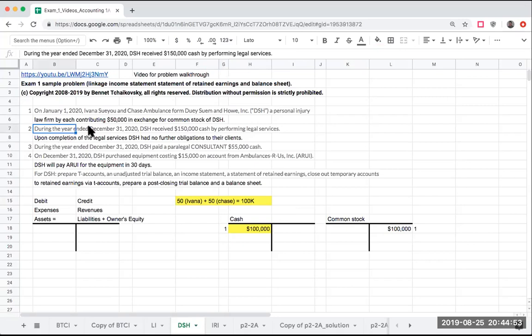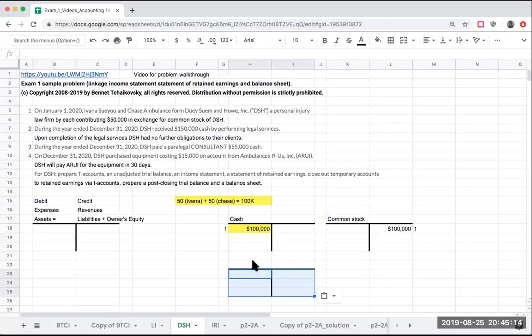Okay, so the second one we're going to go through is: during the year ended December 31st, 2020, DSH received $150,000 cash by performing legal services. Upon completion of legal services, they had no further obligations to their clients. Okay, so what am I receiving from my clients? What are my clients giving me?